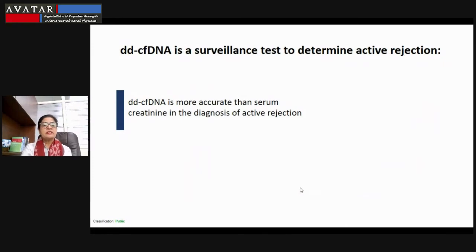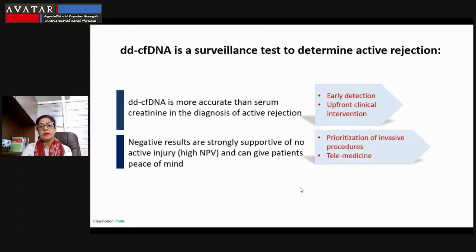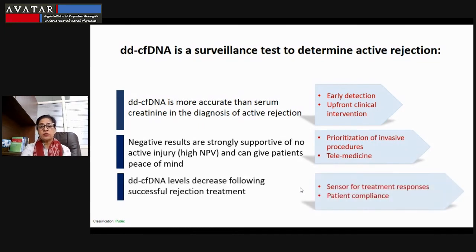Donor-derived cell-free DNA as a surveillance test to determine active rejection offers early detection and upfront clinical intervention, prioritization of invasive procedures, and also assessment of treatment response and patient compliance.